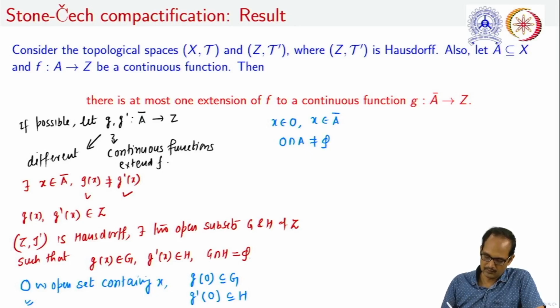And if this is non-empty, why not choose an element y in O intersection A. So let us assume it.